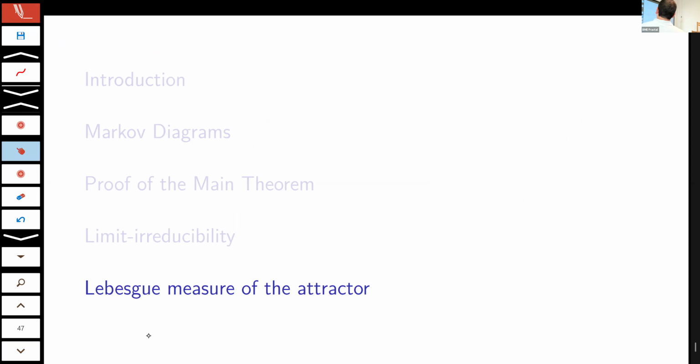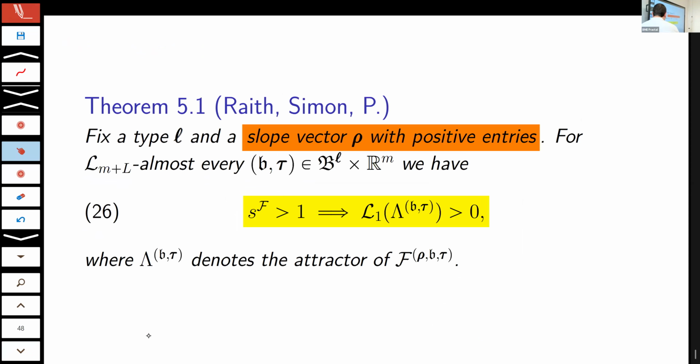Now, at the end of my talk, I want to mention another nice result we proved with Peter Reid on these attractors. Only briefly. So we proved that for a fixed time vector and a slope vector with positive entries, for Lebesgue almost every translation parameter. I like to refer to both of these as translation parameters because the breaking points are actually horizontal translations of this system, of these functions, and the tau parameters are the vertical translations.